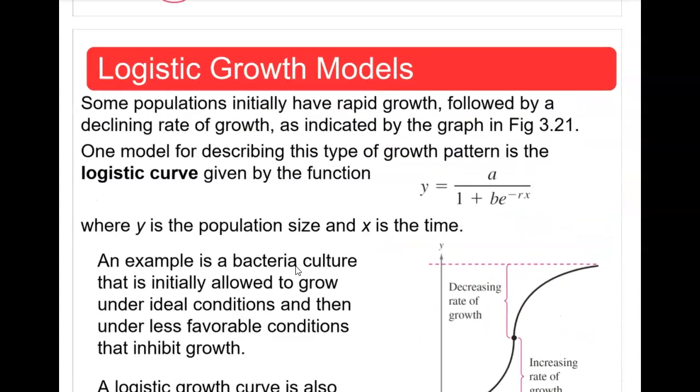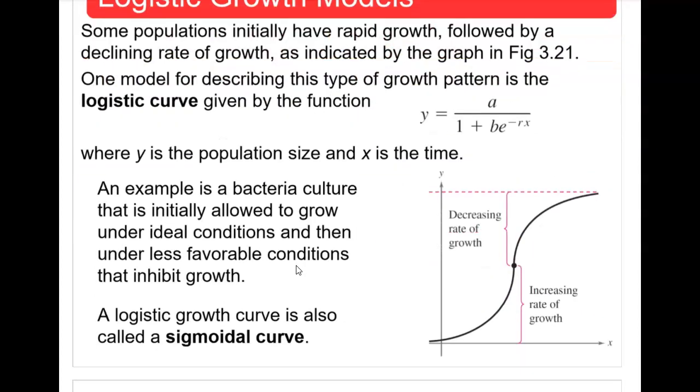Now the next model is the logistic growth models, and some populations initially have rapid growth, as you could see here. So it's increasing rapidly, followed by a declining rate of growth. So the next part that I'm going to highlight, it's still increasing. However, it's not increasing as fast as the part in blue. So it's still growing. It's still a rate of growth. It's just slowing down.